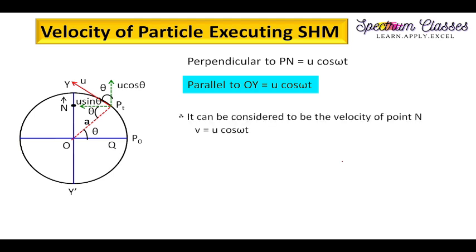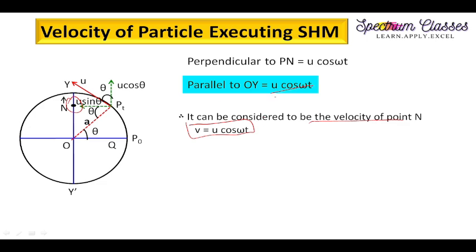This u cos omega t can be considered to be the velocity of the point N. This is important. This component is the velocity of N. Therefore, the velocity, represented by small v, will be equal to u cos omega t.